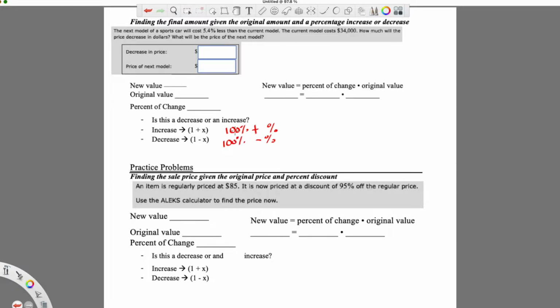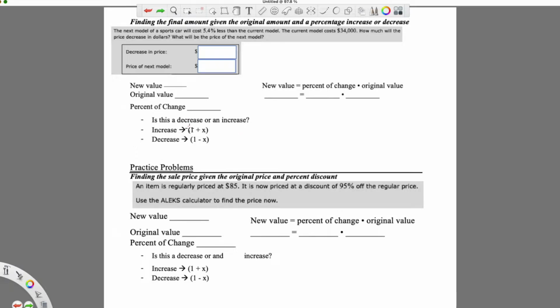Because remember, this 100 represents the item, whatever the item is. That's 100% of the item cost. And I'm either increasing that cost, that's a percent increase, or I'm decreasing it, which would be a percent decrease.